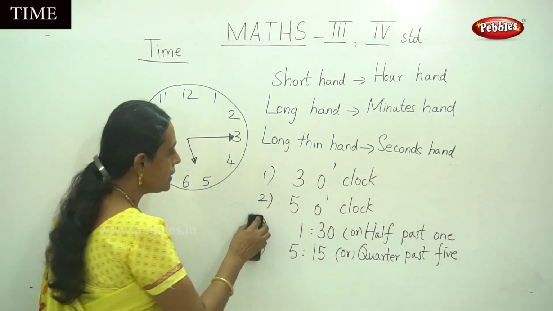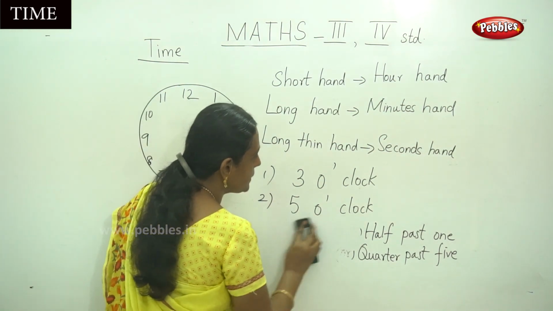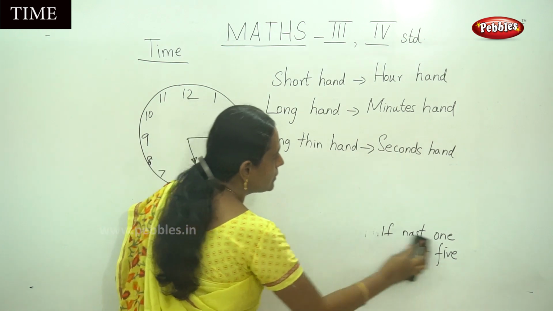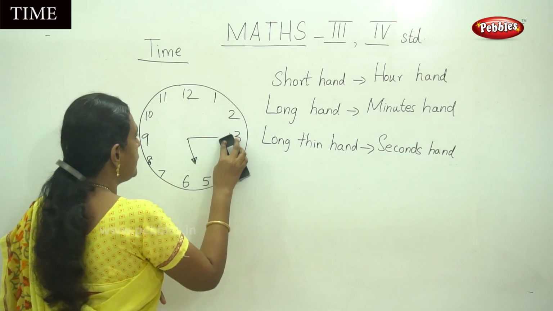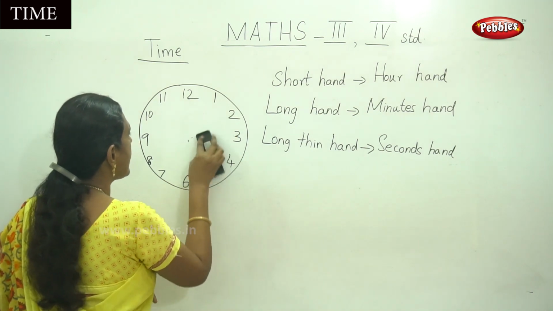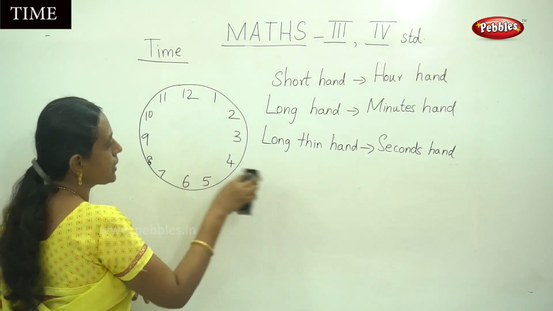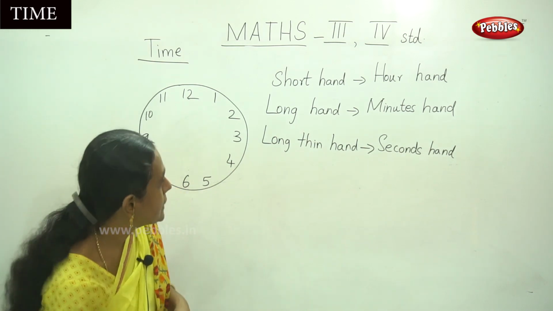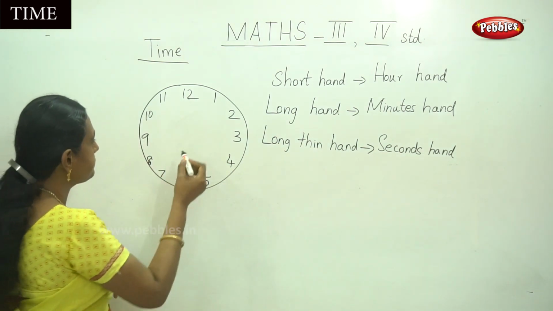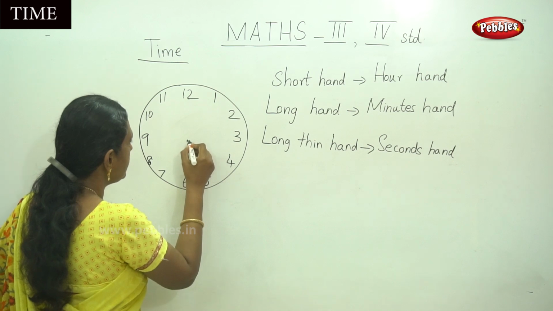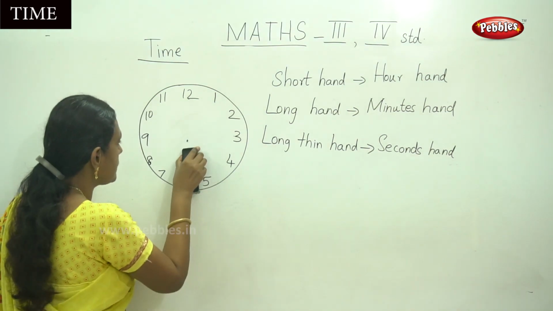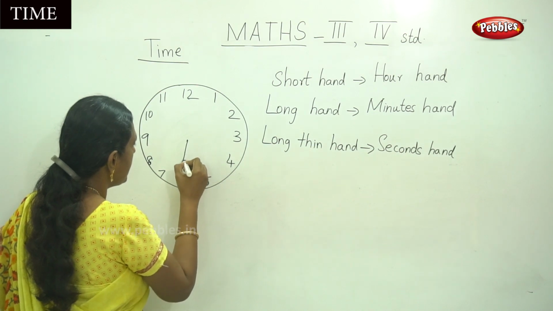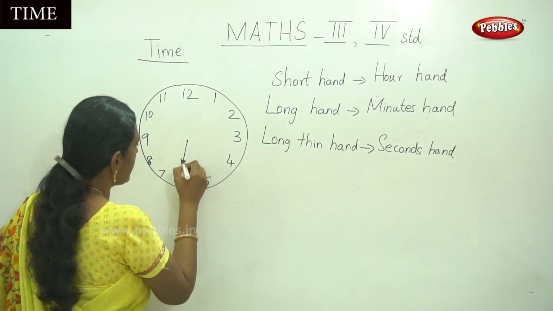And let me see another example. I am going to draw hands and you are going to write down the time. Okay, here is the shorthand. The shorthand is in between 6 and 7.